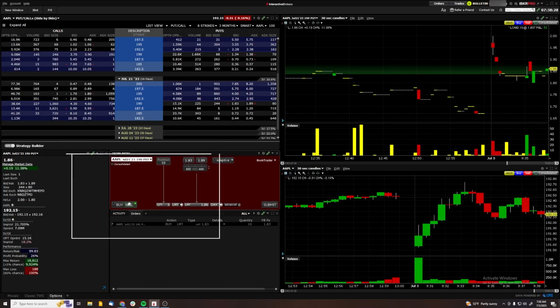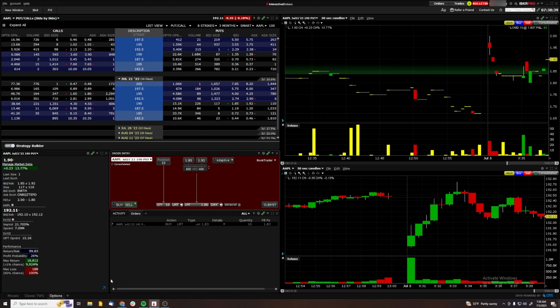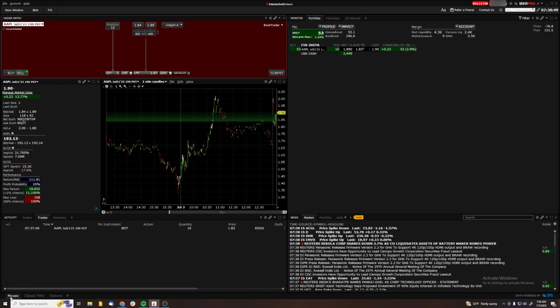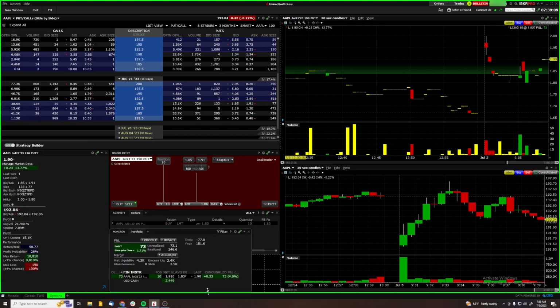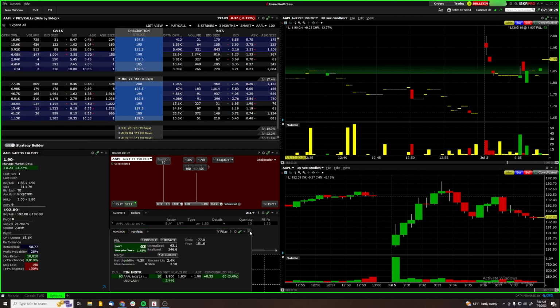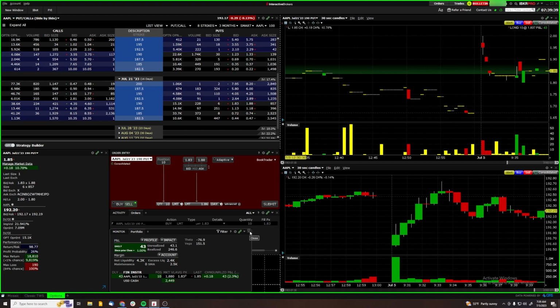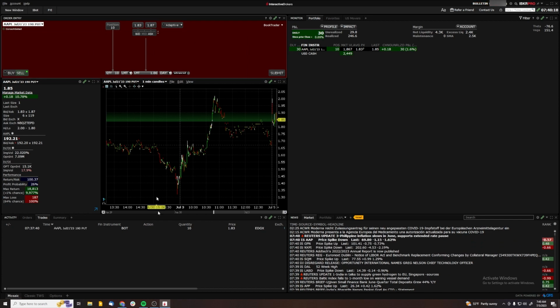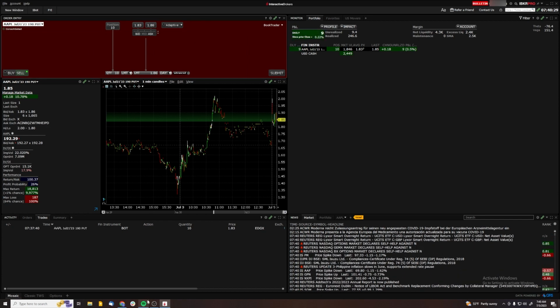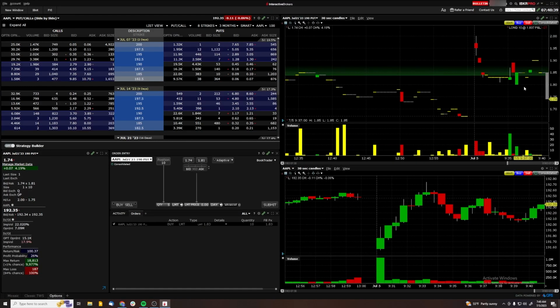I could have gotten in a little bit lower if that data hadn't been doing that. But if you look at where those options were selling in the upper right hand chart, I didn't miss out on that much money.